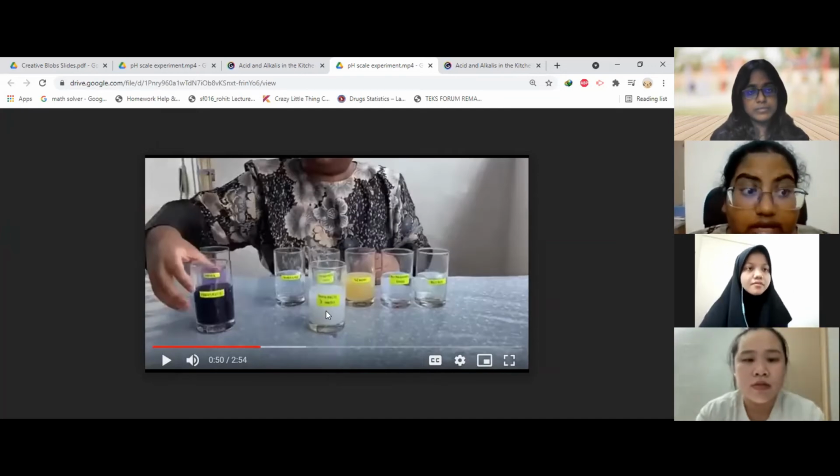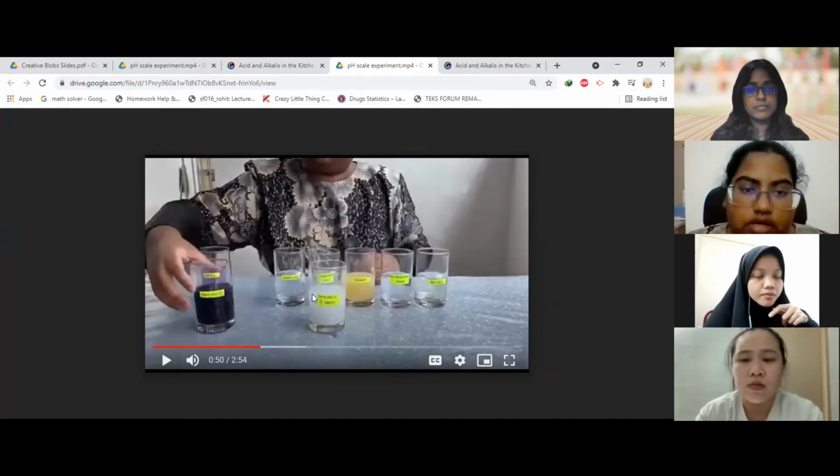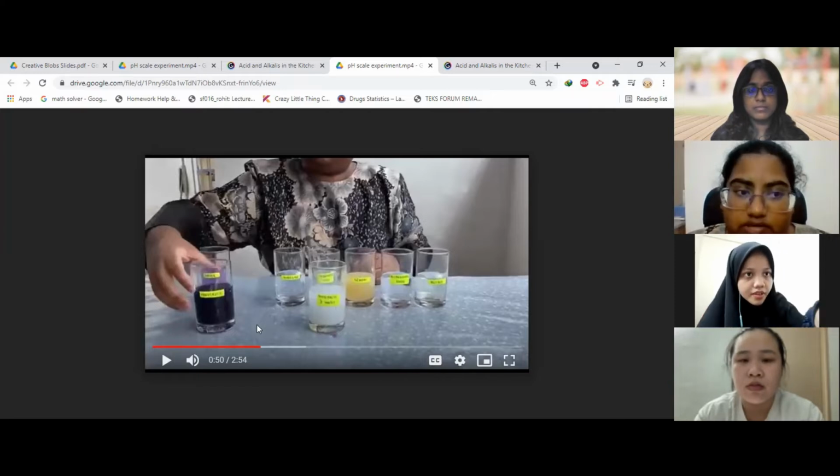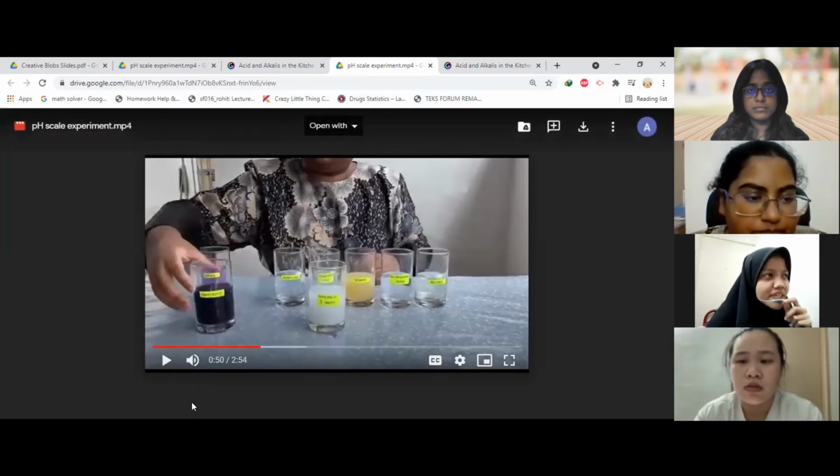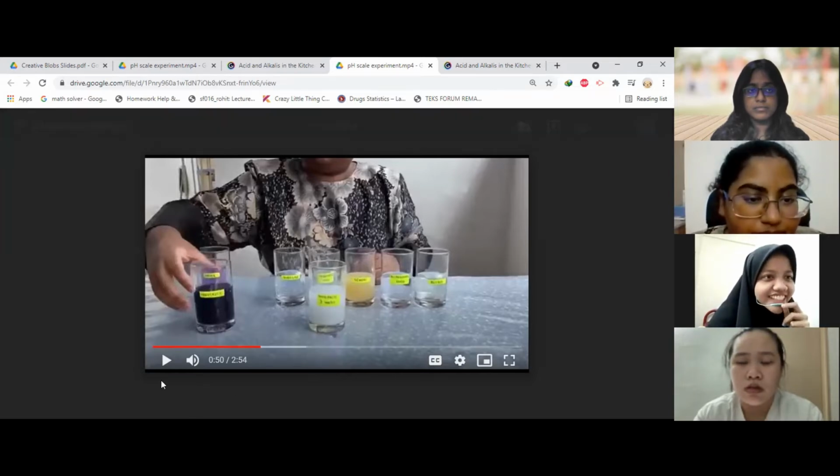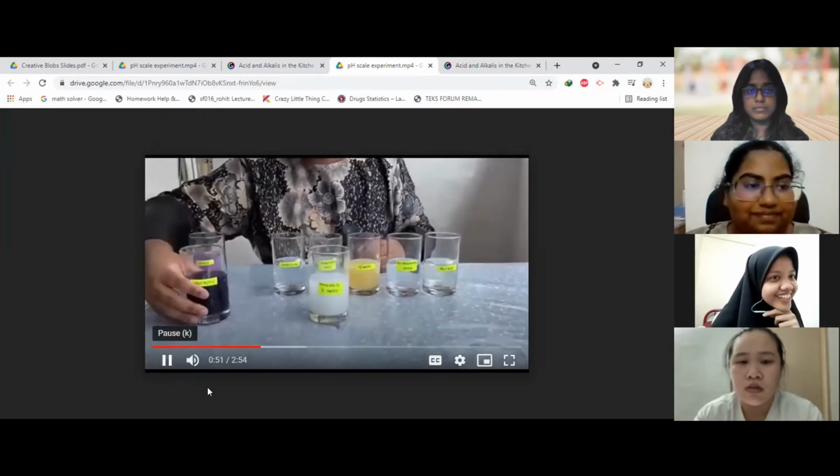Now we are looking at toothpaste solution. Before the video shows when I pour in the indicator, would anyone like to guess? Batslin, would you like to guess what color it's going to turn? Maybe pink, teacher? Okay, let's see.